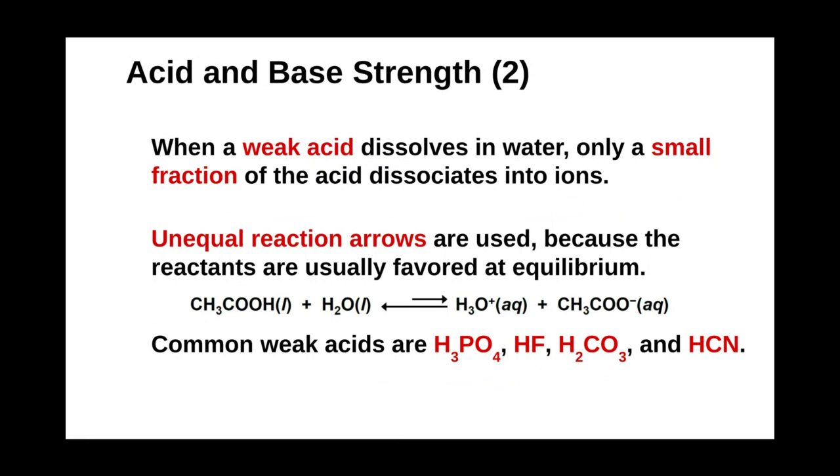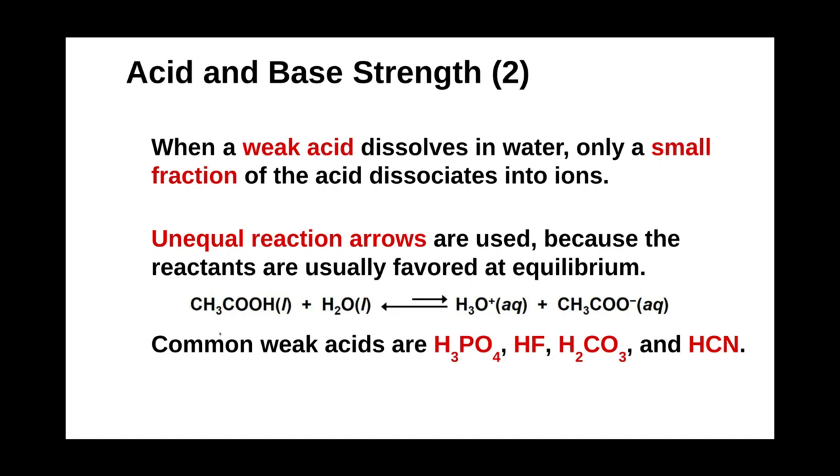Now, with a weak acid, when it dissolves in water, only a small fraction of the acid will physically dissociate into ions. What we use to denote this is unequal reaction arrows. You'll notice that we have the arrow going forward and a larger arrow going back. This implies that the strength of this chemical reaction is not very strong. Having the arrow facing the products be shorter than the arrow facing the reactants tells us that the reactants are going to be favored.